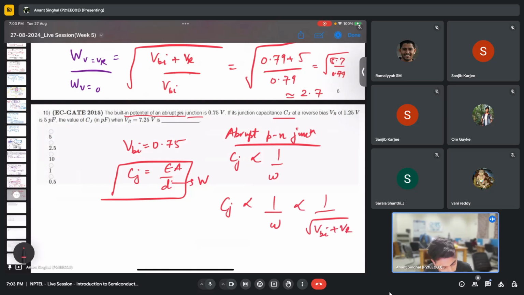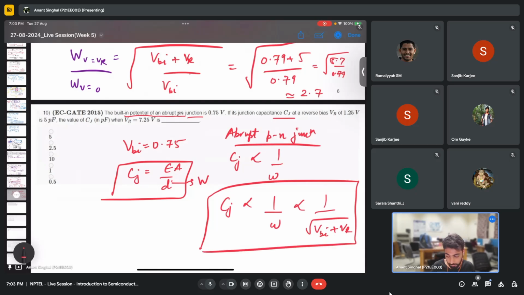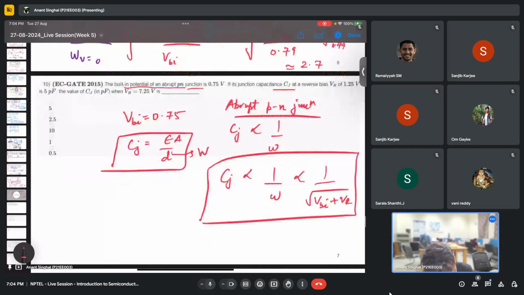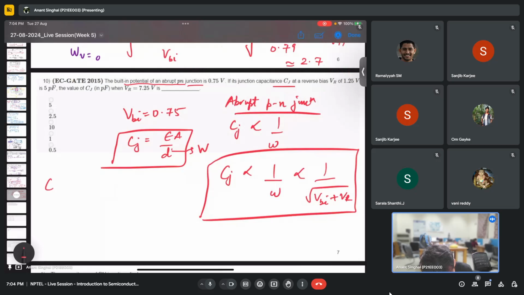Does it make sense to each and everyone? Any doubts here? No, sir, clear. Please repeat again, sir. Okay, I'll repeat. The junction capacitance is inversely proportional to the depletion width.